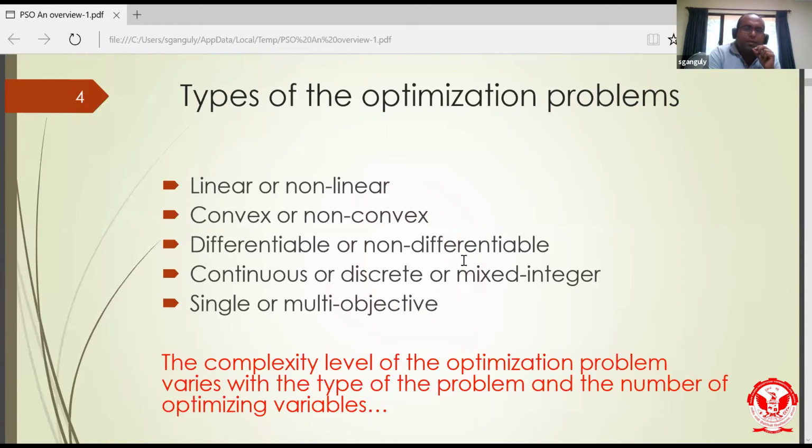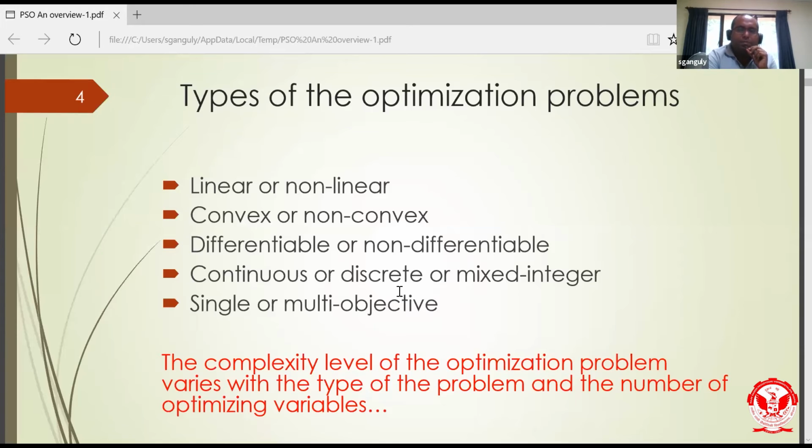Similarly, based on the nature of the optimizing variables, which I explained in the previous slide, we can categorize the problem as a continuous optimization problem, where your optimizing variables are continuous in nature.